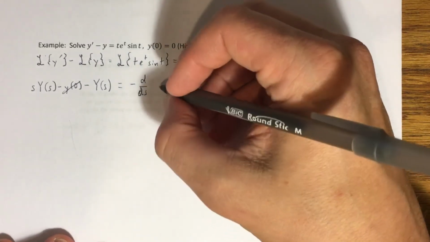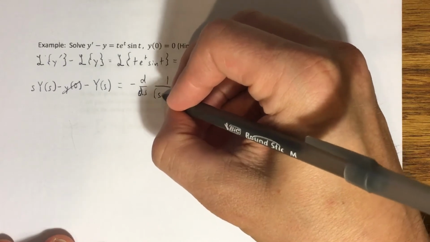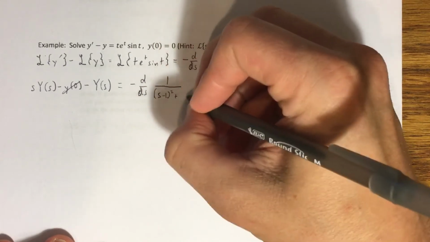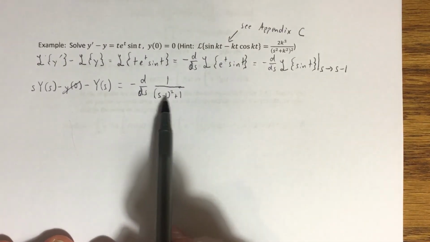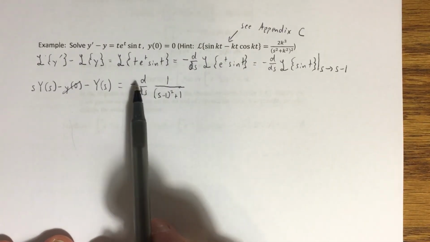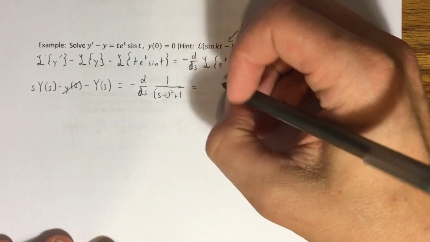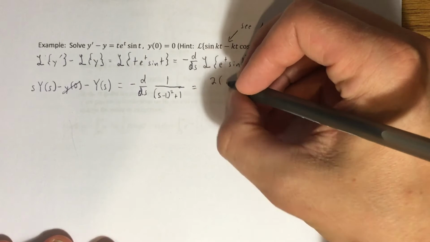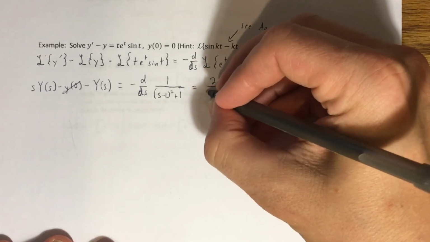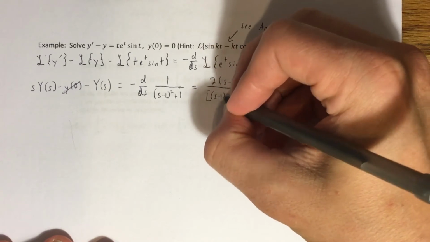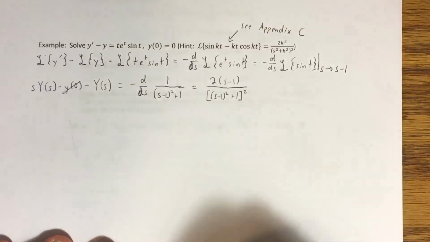And so now what we have is 1 over s minus 1 squared plus 1, which is just 1. Okay? And I can take this derivative and also apply that negative there. And what this actually ends up coming out to when you take that derivative is 2 times s minus 1 over s minus 1 squared plus 1 quantity squared.